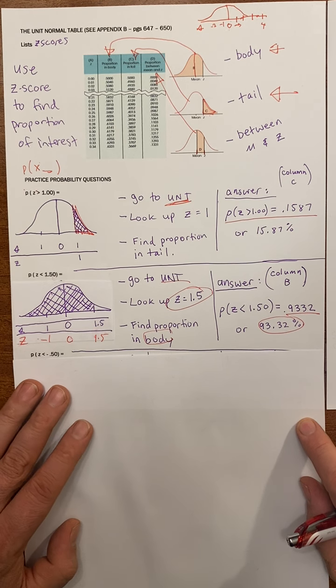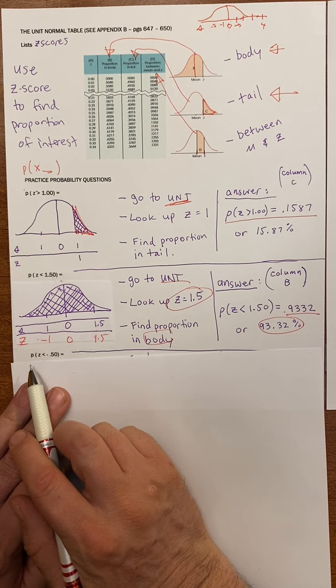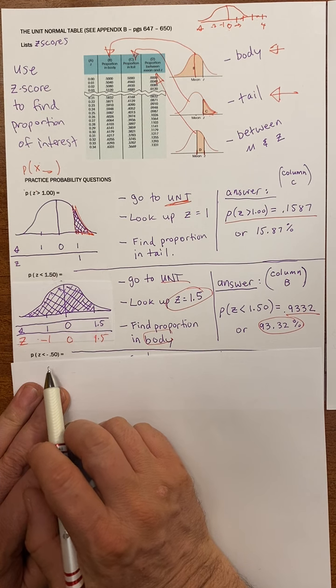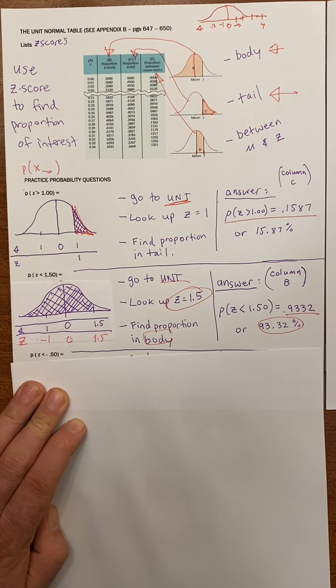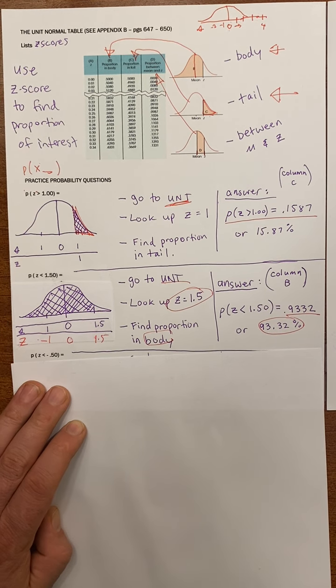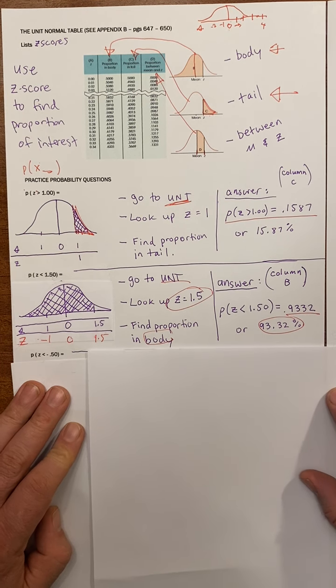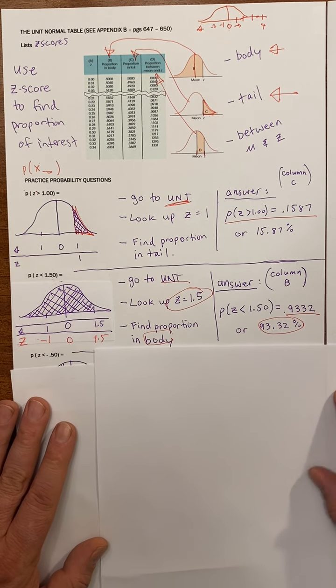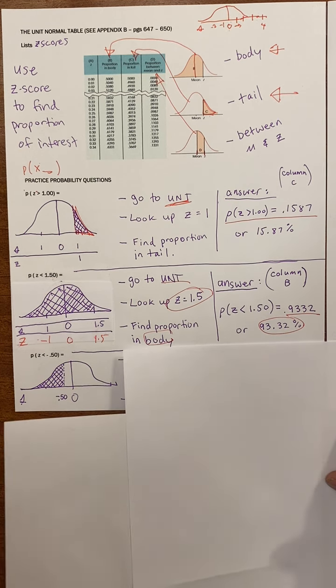Okay, so I do have one last example to show you to help explain this. And that last example now is where we're saying, what's the probability that I'm going to pull a z out that's smaller than a negative 0.50? So just to make sure that we understand what we're talking about here, first thing that we're doing is we're sketching out the curve that we're talking about with this problem. And this time, the curve looks like this.